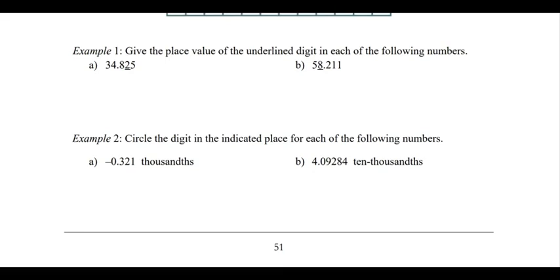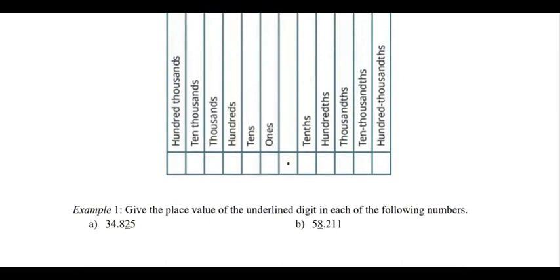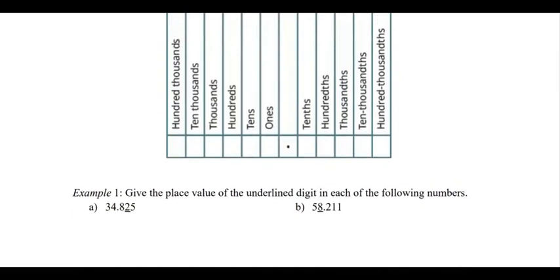If you need a reference to the chart at the beginning, here it is. You have the 34 in the whole part. Then you have the decimal point. You have the 8 in the tenths place and 2 in the hundredths place. So I'm going to write hundredths.